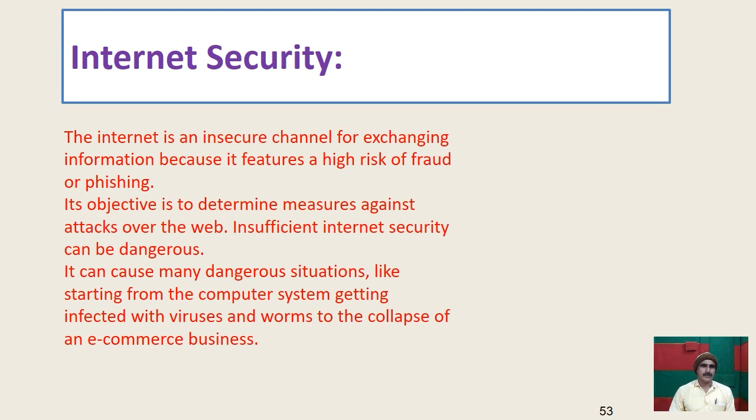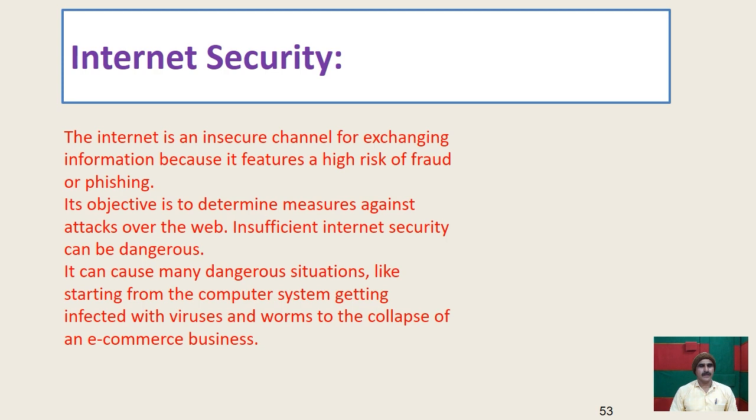In the next section, we will see internet security. Why is security important? The internet is an insecure channel for exchanging information because it features a high risk of fraud or phishing.